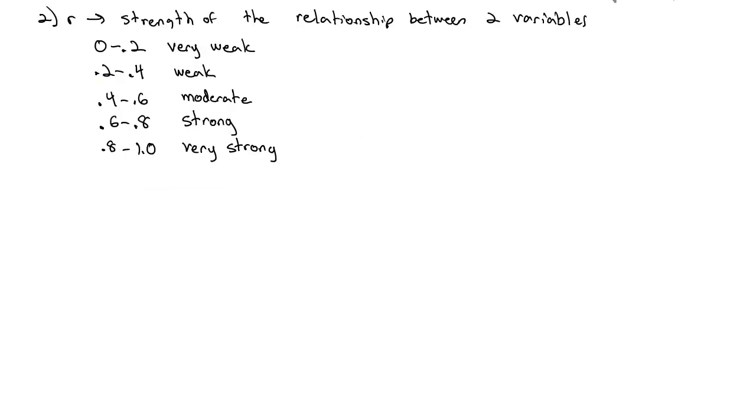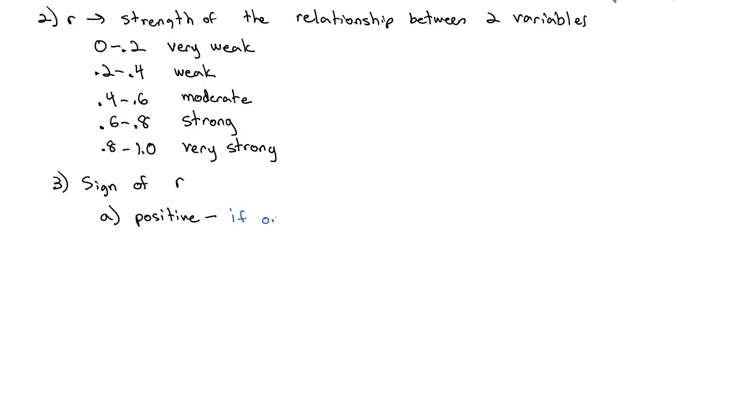The other thing to understand about R is R can be positive or negative. The sign of R also tells us something about the relationship. If R is positive, a positive R means we have a positive relationship.